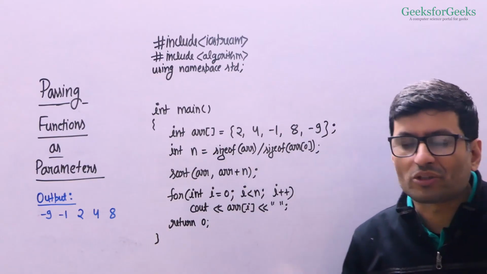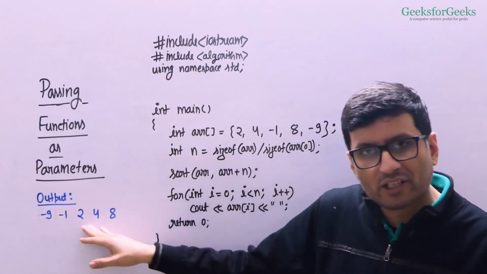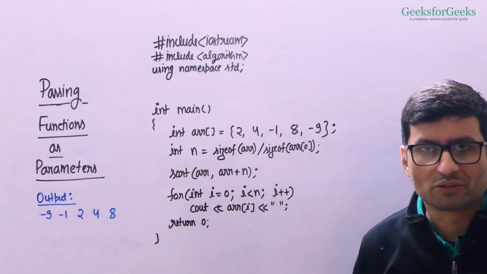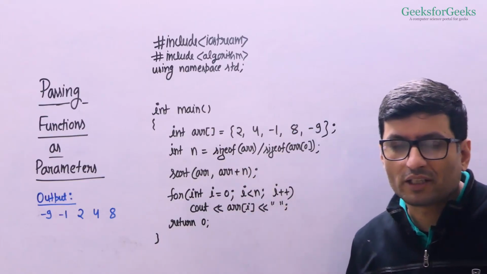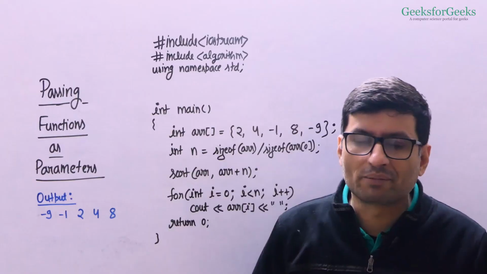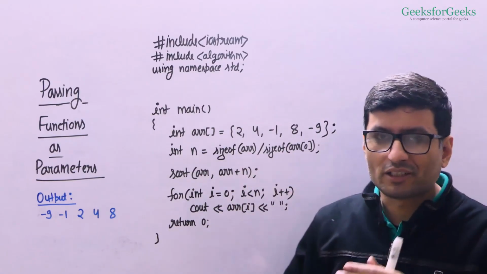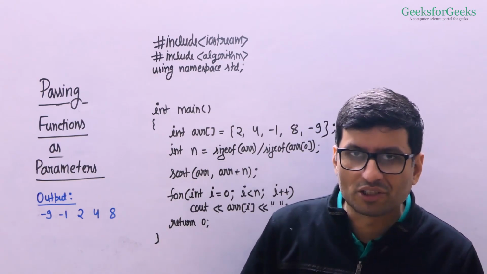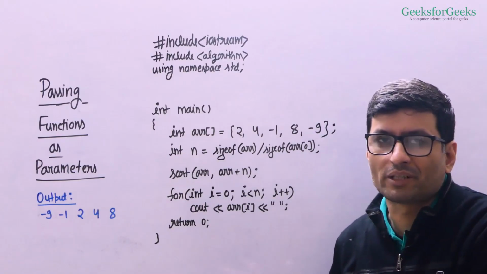Now if we want to sort this array according to some other criteria, by default it has sorted in increasing order. Say I want to sort the array according to absolute values. So the sort function allows you to pass a third parameter, and in the third parameter you can pass a function pointer, a lambda expression or other types. This third parameter is mainly a function object introduced in the C++11 version, but the point is we can pass a function pointer for the third parameter.